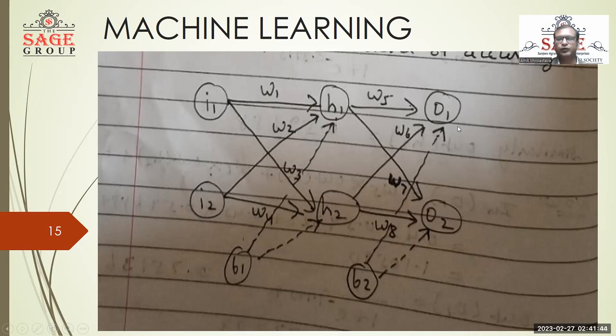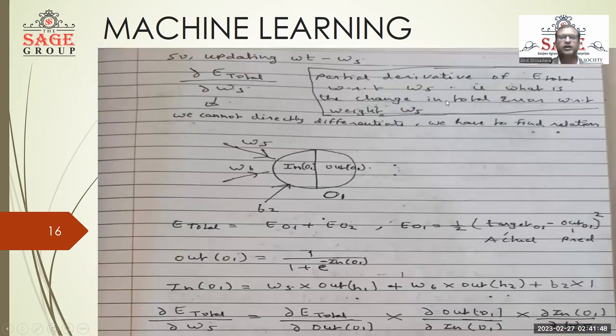All these are the inputs to my O1 output neuron, right? So here we can see W5, W6, and B2 is coming to this O1, and we will apply this sigmoid activation function over this total input at O1 to get the output of O1, right?